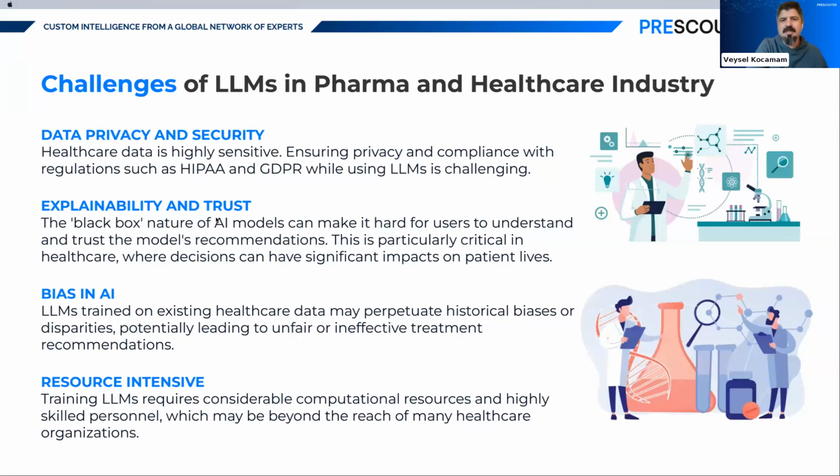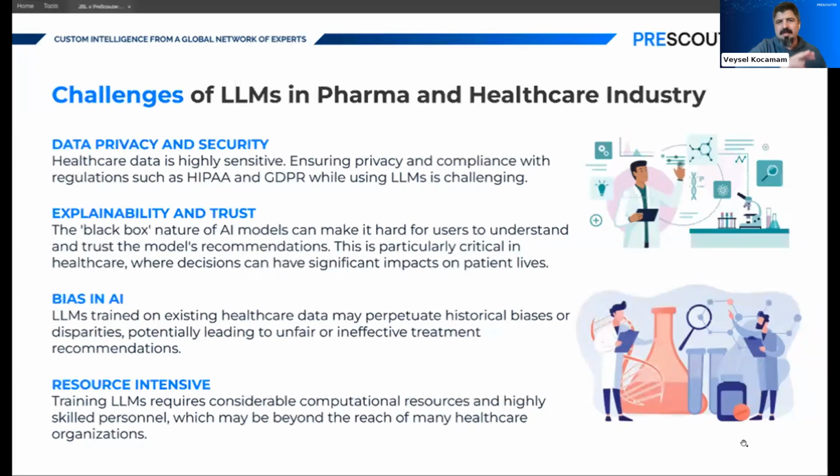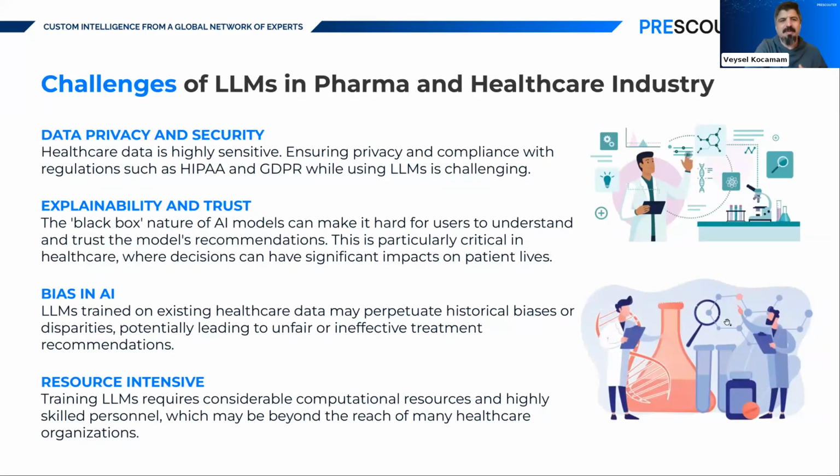In classical machine learning and NLP, you can control it by adding some bits and bobs within your pipeline. But with LLMs, which are quite large, so that you don't need other small models, you may not be able to control the inherent bias, so that you cannot explain well. So this is another biggest concern. The next one.